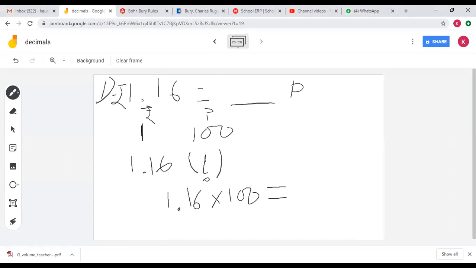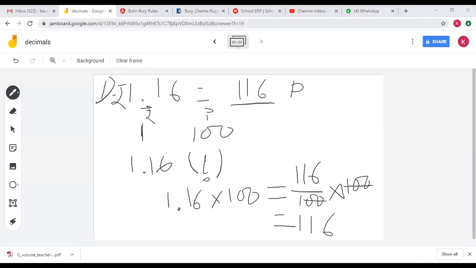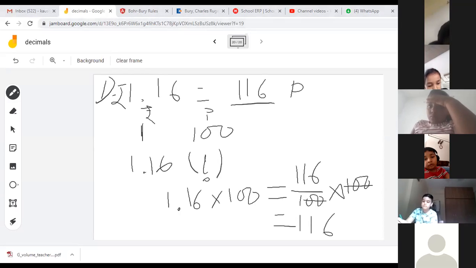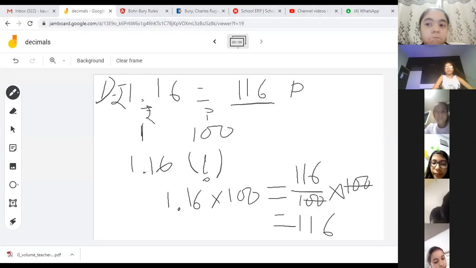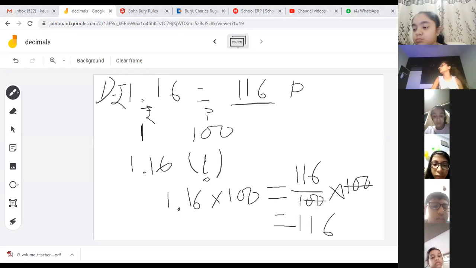It's going to be 116 upon 100 into 100. So the 100s cancel and we get the answer as 116. So what will be the answer here? 116 paise. Shivani, is it clear now? Yes. Very good. Good job.